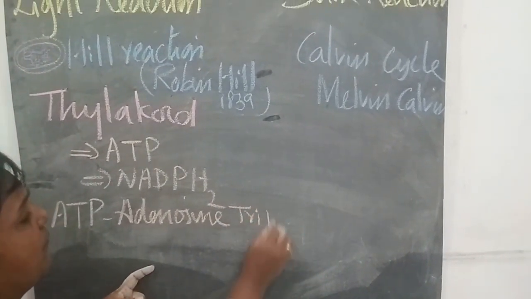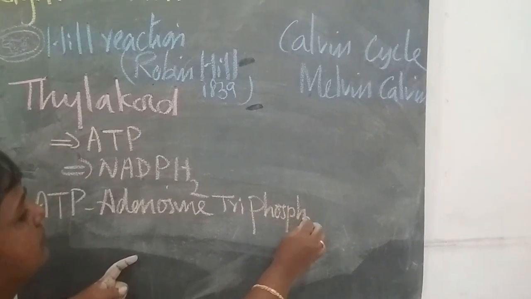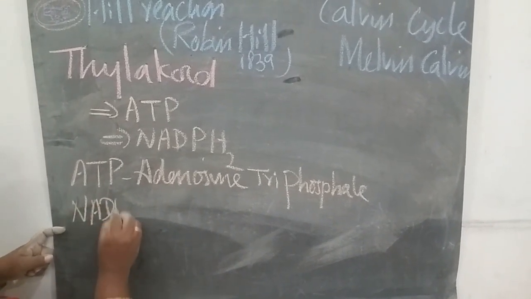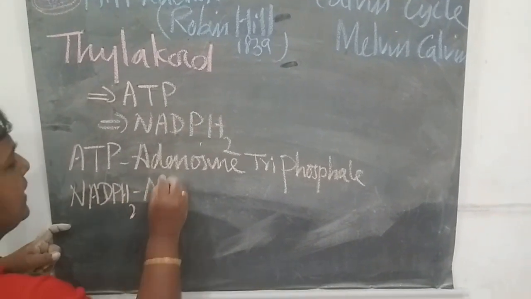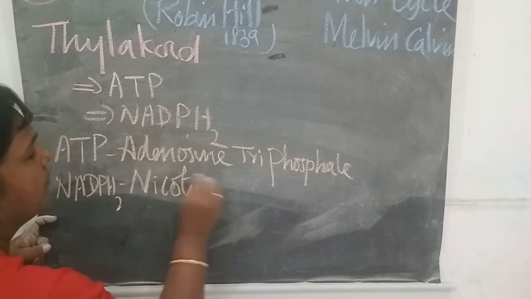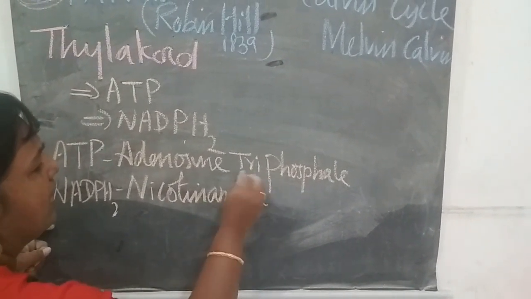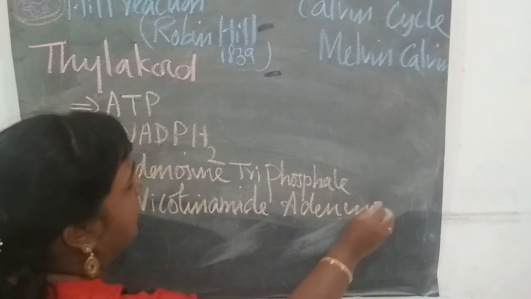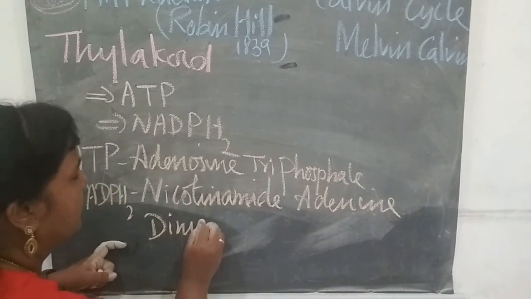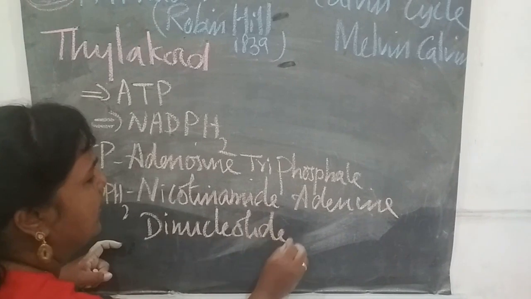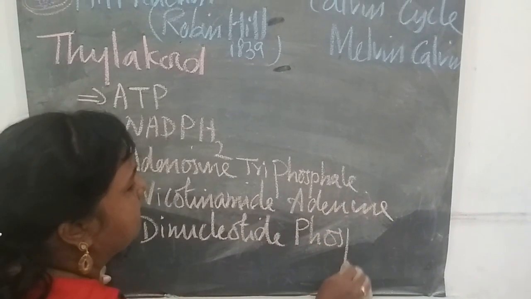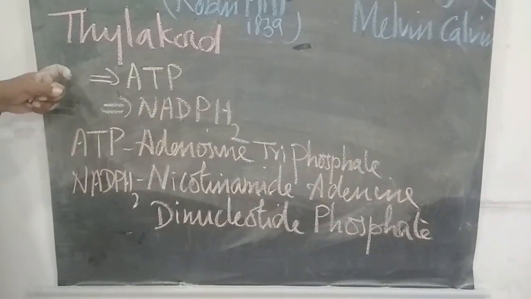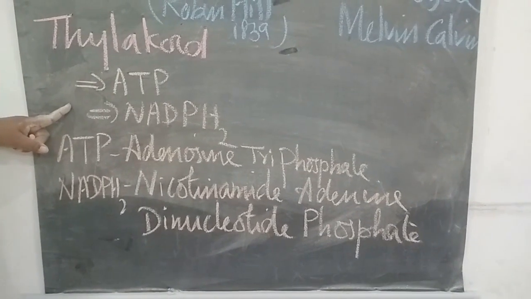And NADPH2 is nicotinamide adenine dinucleotide phosphate. So here in the light reaction, by the end we are getting ATP and NADPH2.